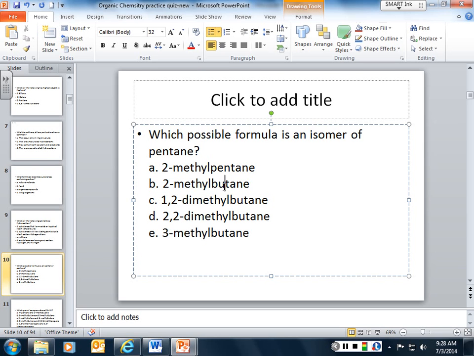2 methyl pentane, 2 methyl butane, 2,2 dimethyl butane, 2,3 dimethyl butane, 3 methyl hexane.